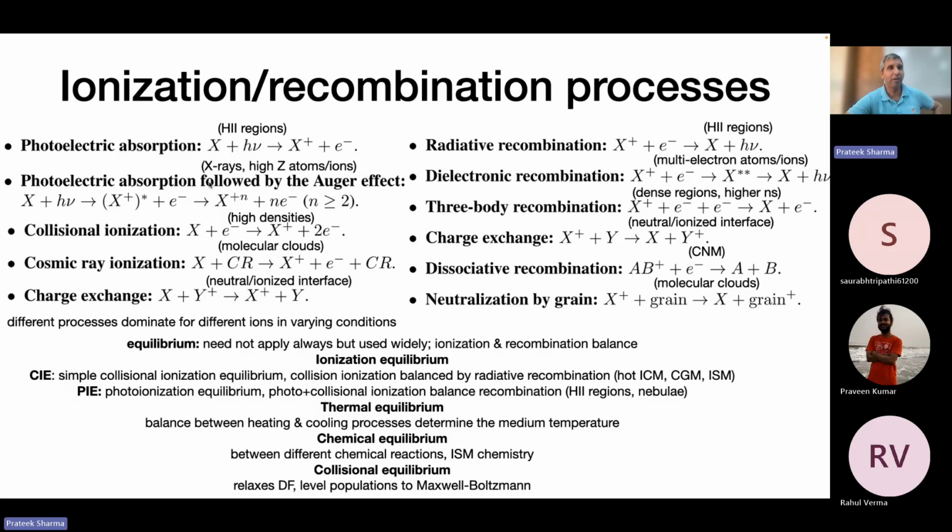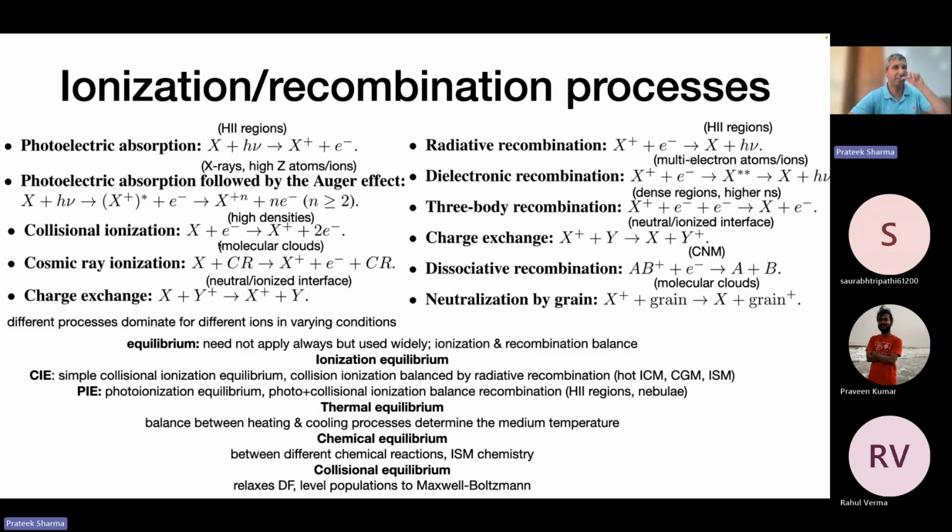You can have the Auger effect, Auger ionization: if you have a hard photon, it can kick out an inner shell electron, say in iron, and it creates a vacancy. The electrons come down, but it can eject more than one electron. So this is called the Auger effect. Then you can have collisional ionization.